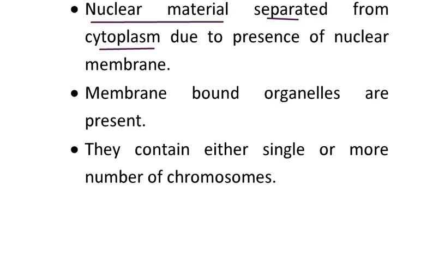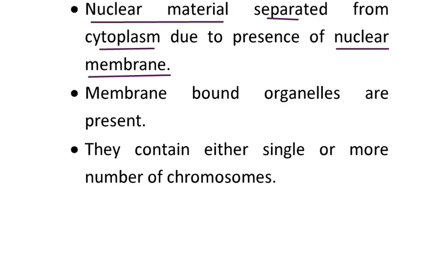So eukaryotes essentially possess a boundary which separates the nucleus from the cytoplasm, and that boundary is known as the nuclear membrane. This nuclear membrane is a double membrane structure, and the details we will study further while studying the entire structure of the nucleus. Besides this, the nucleus also has nucleoplasm.